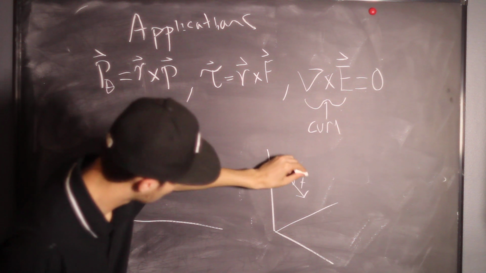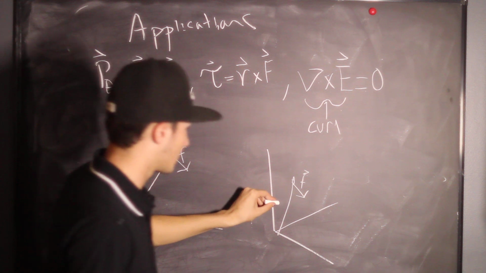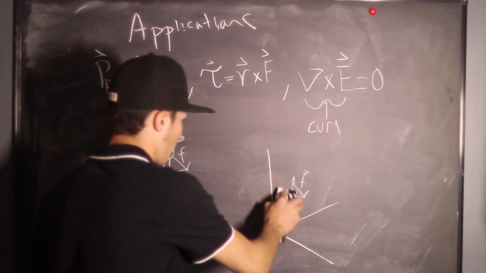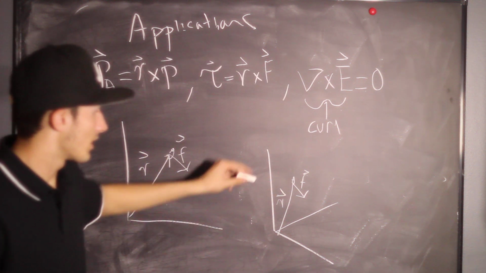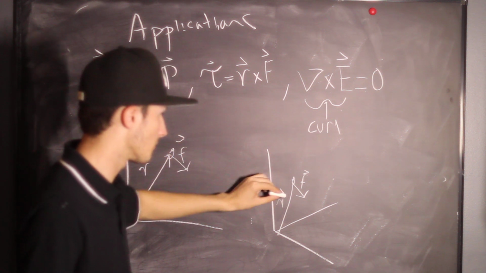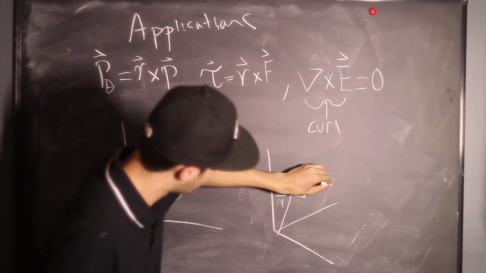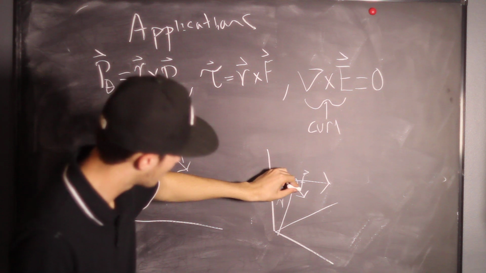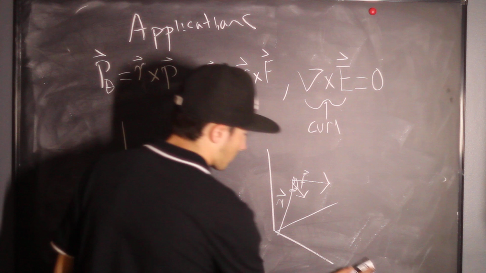That's our force. And we have a radius vector. From there, we have something that is going to be orthogonal to both of them. These aren't inherently orthogonal, but this will be. So if you take both of them, there will be a 90-degree angle between them both and that vector.